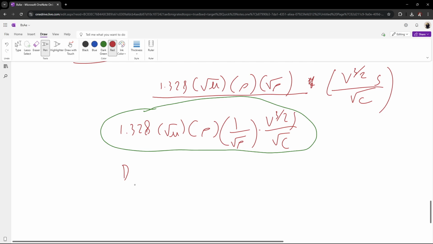Now we have two plates, so we'll consider this as DF1, but since the total skin friction drag is the same for both of the plates, DF1 is equals to DF2.